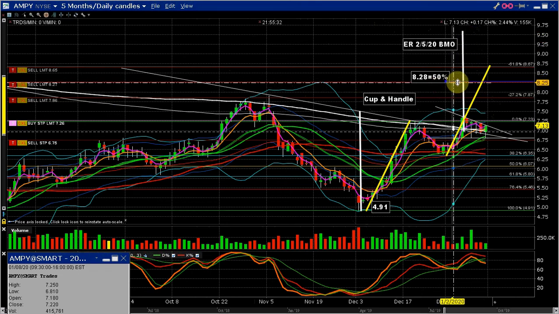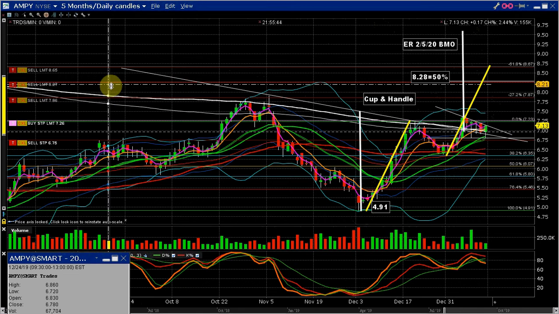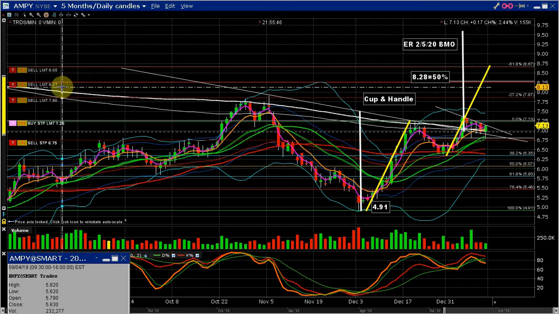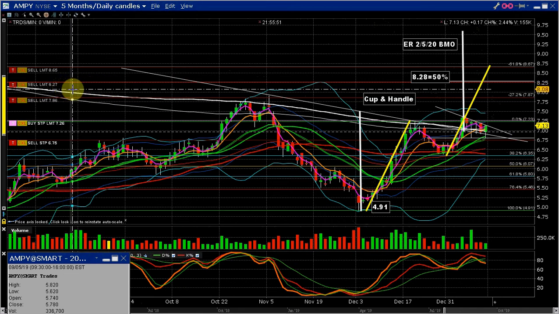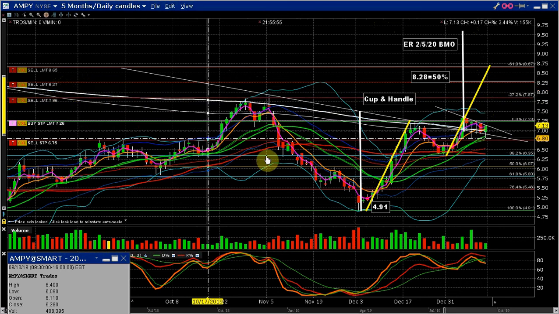At 50% of the length of this line, it turns out to be 828. So I'm going to put one of my price targets at just under that. See over here it says sell limit 827. So 1 penny under, that's going to be one of my price targets. That's based on the cup and handle formation.